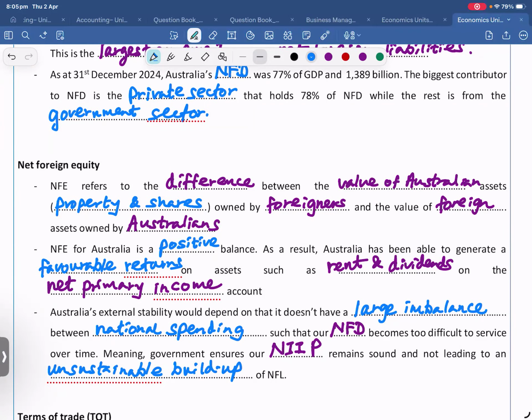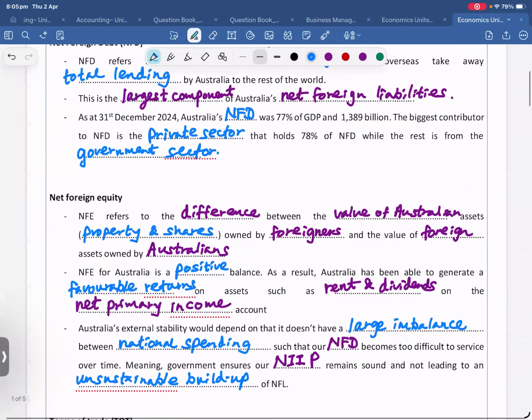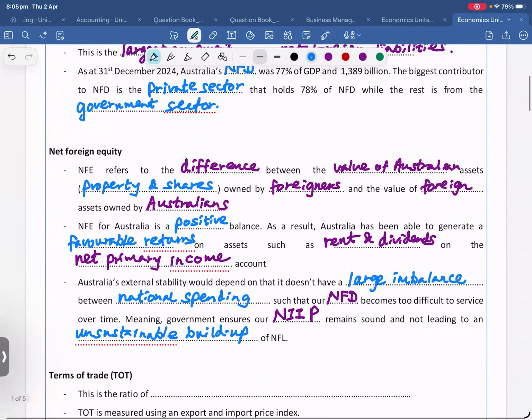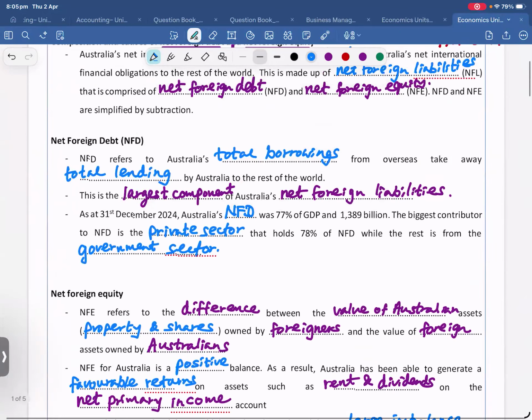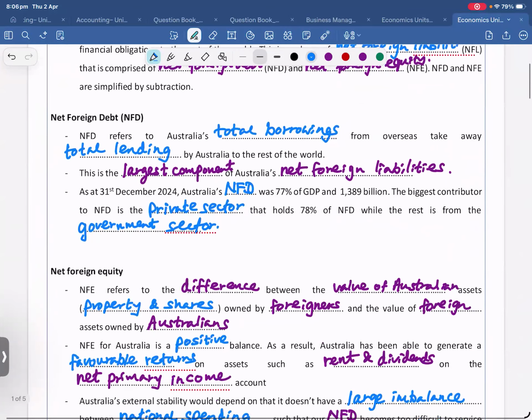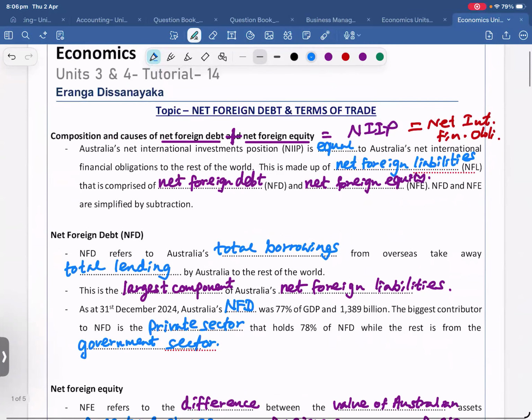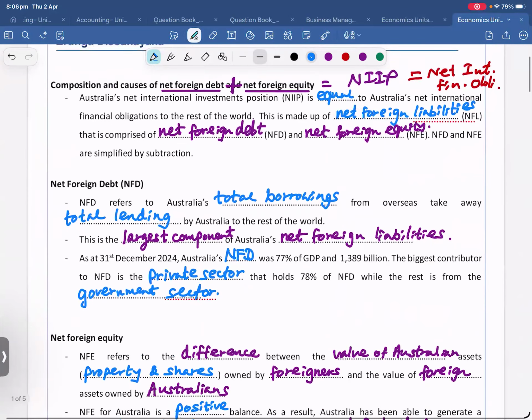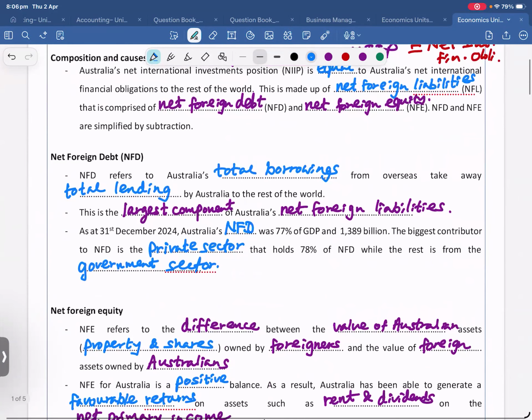I'll give you the amount: net foreign equity is closer to 400 billion.